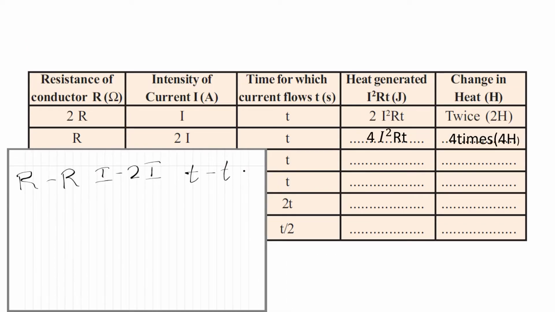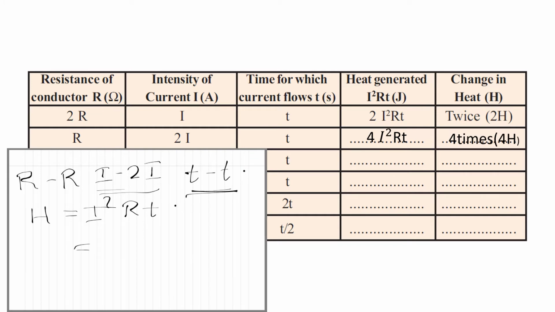Our second question: the resistance of the conductor is R, the intensity of the current I changes to 2I, and the time for which current flows is T seconds again. We want to find out the heat generated. From Joule's law, H is equal to I squared RT.